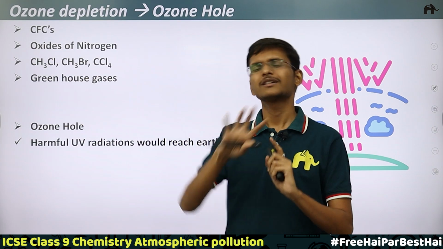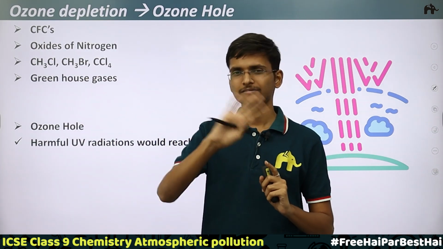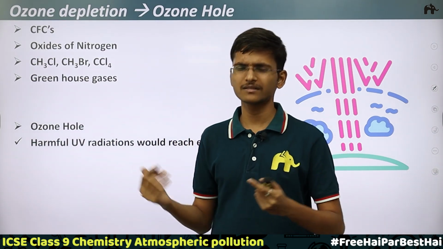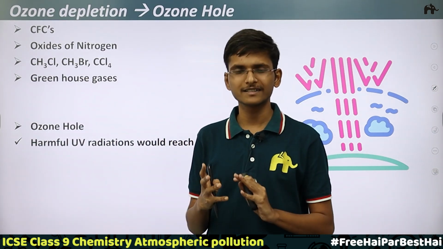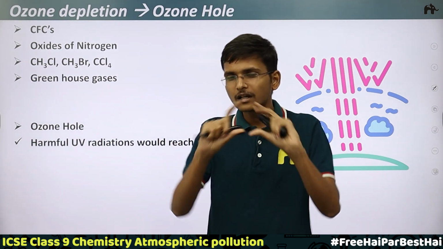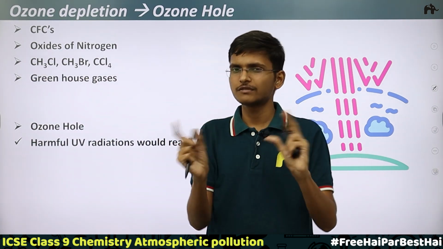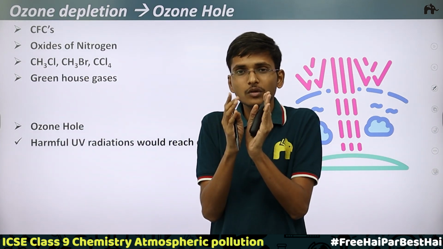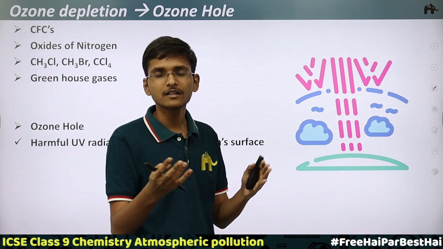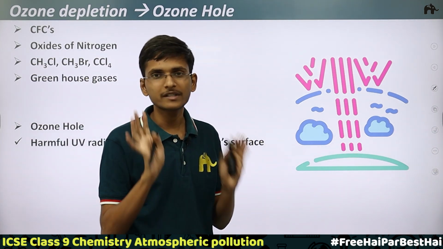The amount of ozone in the layer getting lesser and lesser is called ozone depletion. Depletion means getting less. So ozone is getting less. This decreasing amount of ozone, called ozone depletion, would result in some cases in there being no ozone layer present at that point.